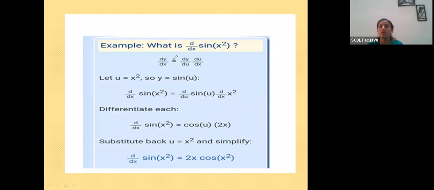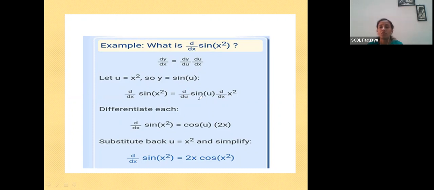I again repeat, we have to find out d by dx sine x square. Consider sine as y and consider x square as u. First of all, find out the derivatives of the sine x square. So y is equal to sine u. Y is equal to sine u. So d by du, instead of y we write here sine u, and the derivative of x square.